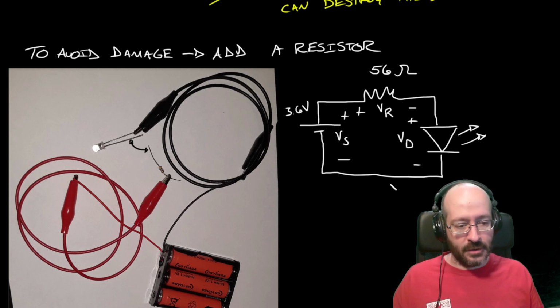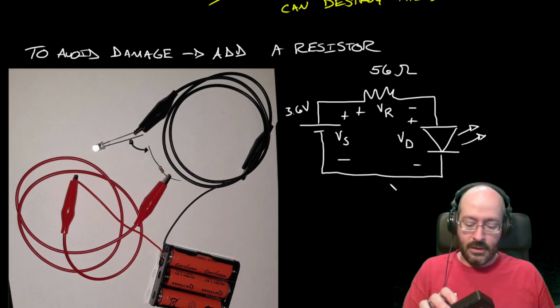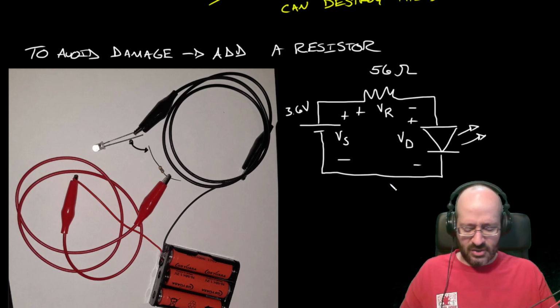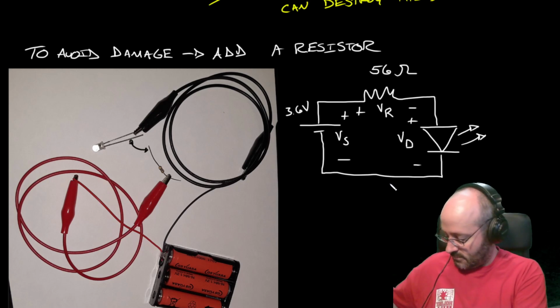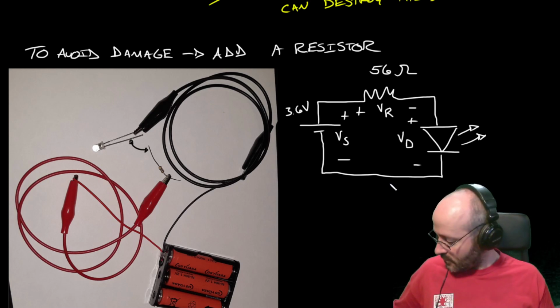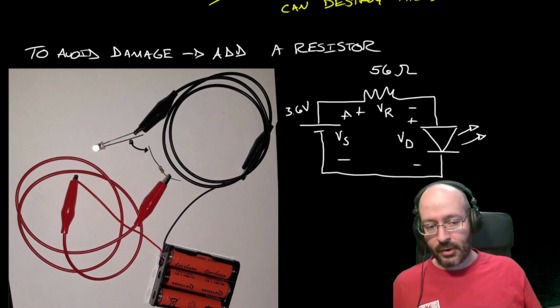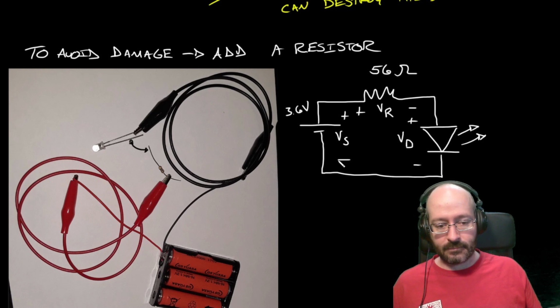If you want to go measure those, set the meter to DCV, and the 20 should be a good setting for all 3 of them. For VS, put the red probe on the plus side and the black probe on the minus side.